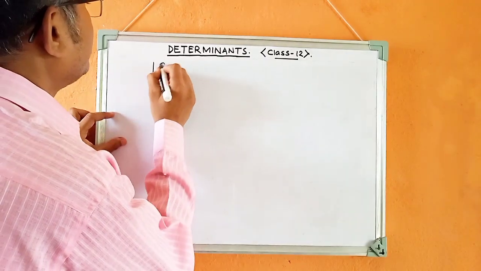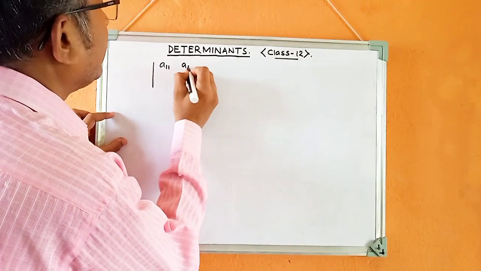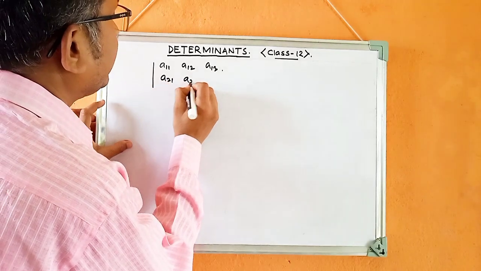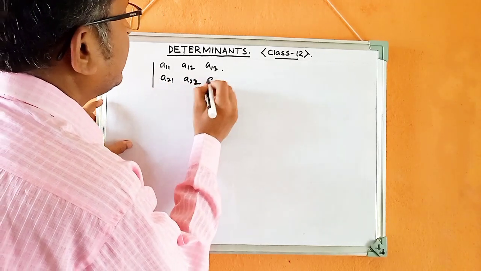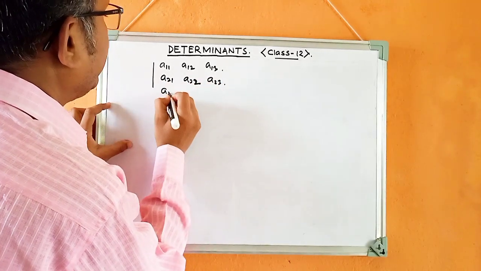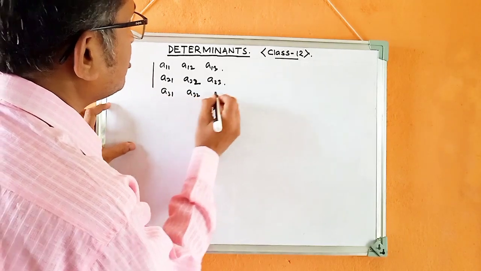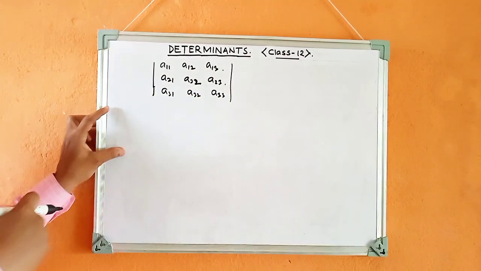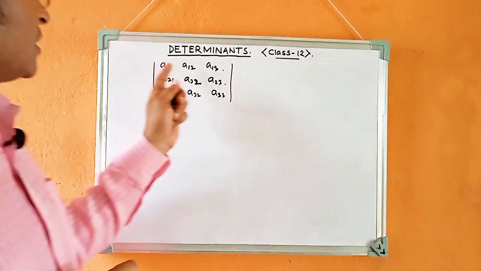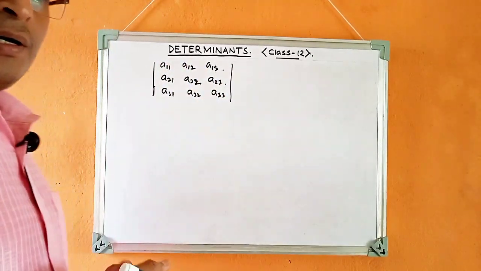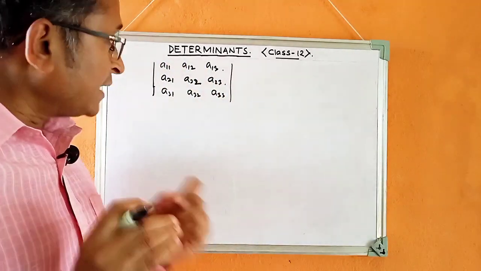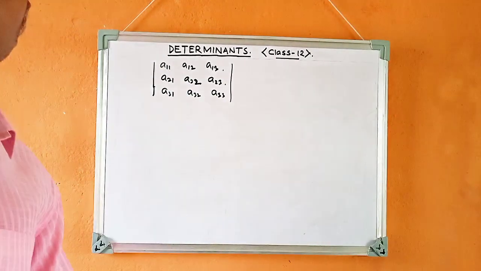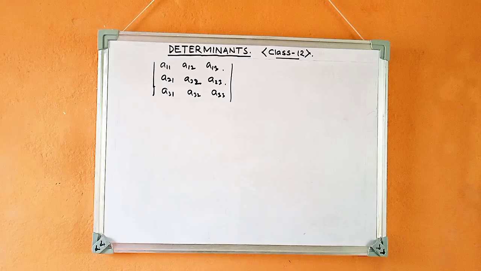Suppose we write A11, A12, A13, then A21, A22, A23, then A31, A32, A33. This is a determinant. Now the sum of the products of all the elements of any row and the cofactors of the corresponding elements of any other row equals 0.